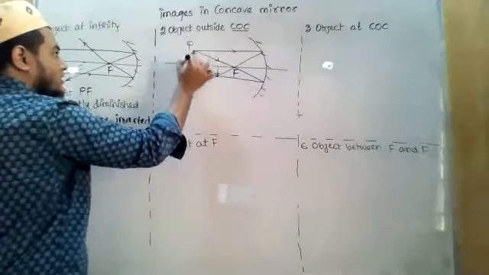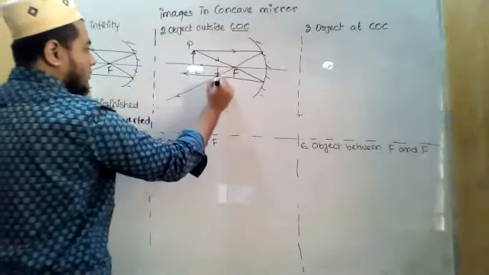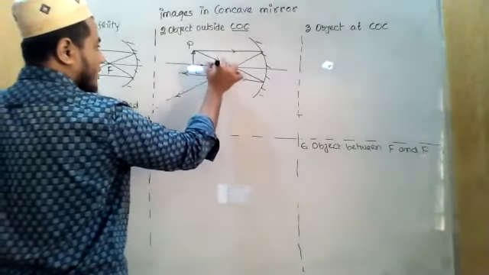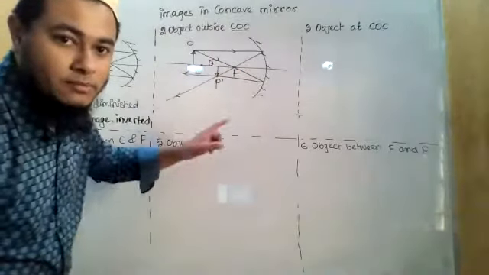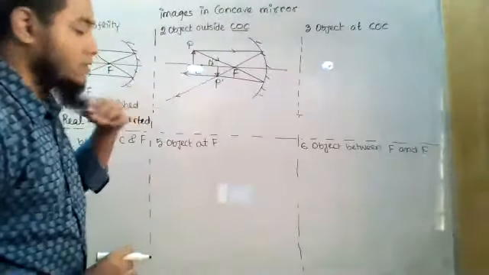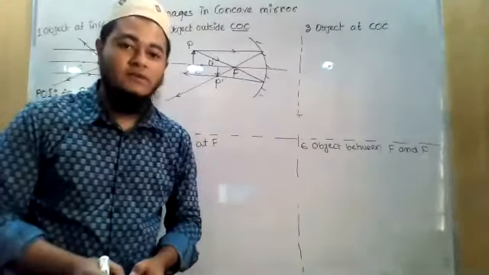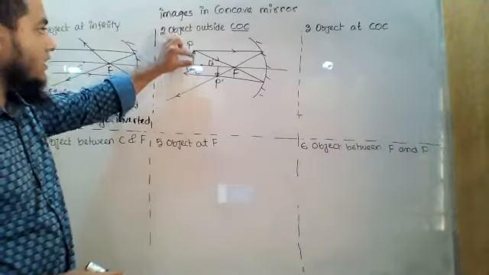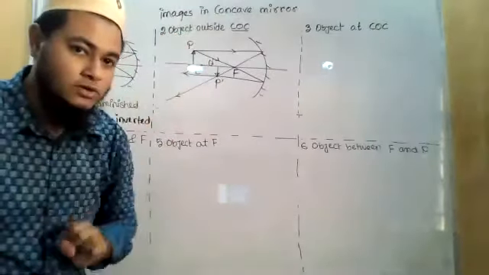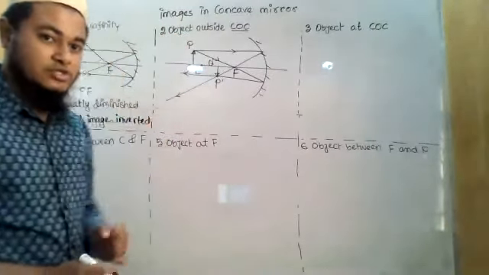If the object is, let us say, PQ, then the image is going to be P prime Q prime. It is also inverted. Definitely it will also be inverted. You can see that the object is greater, but the image is smaller, so it has diminished, right?